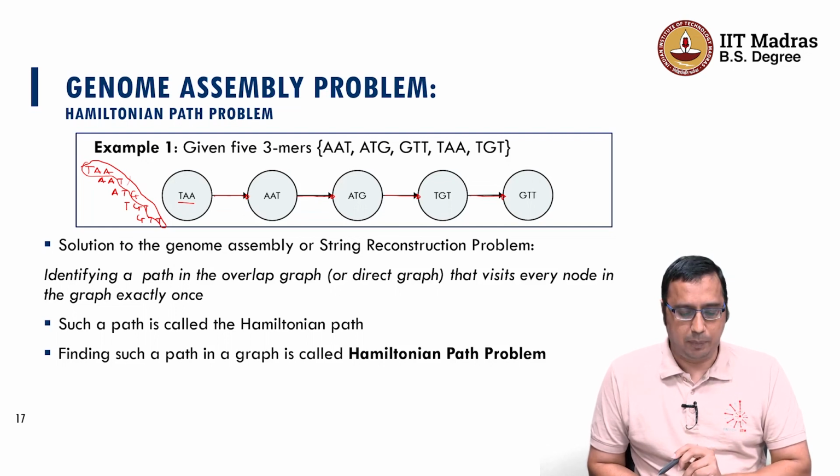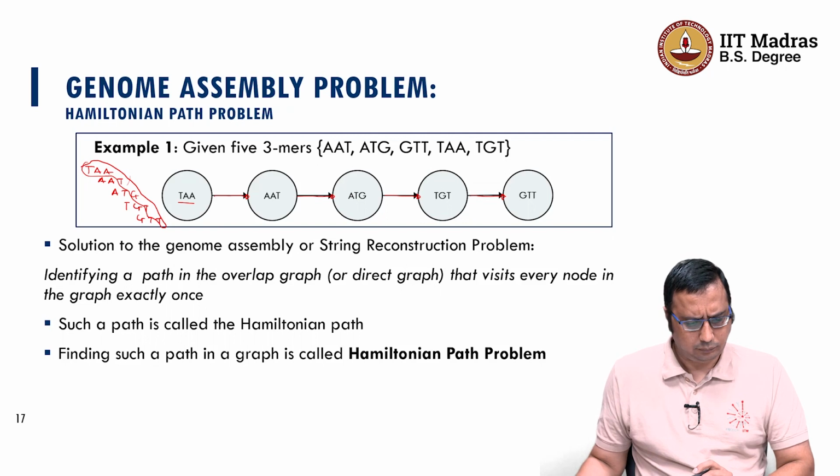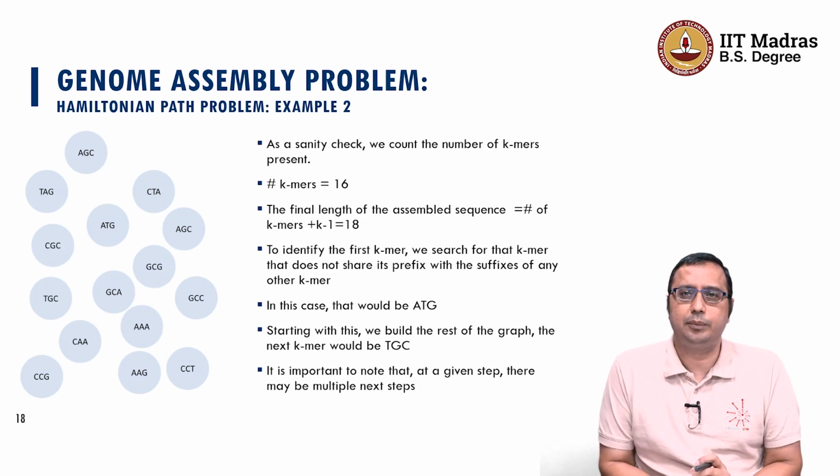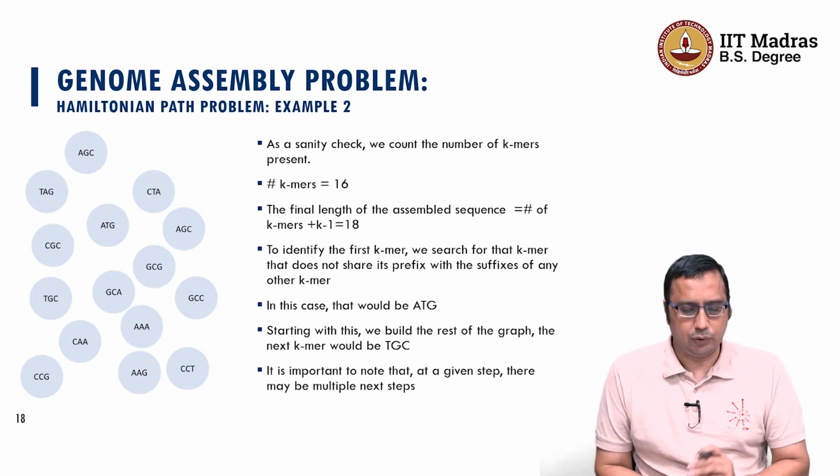And finding such a path in a directed graph or undirected graph is the Hamiltonian path problem. How can we actually solve this problem? There are certain algorithms available to solve it. Let's take a more complex example and realize what steps are involved in solving the problem.